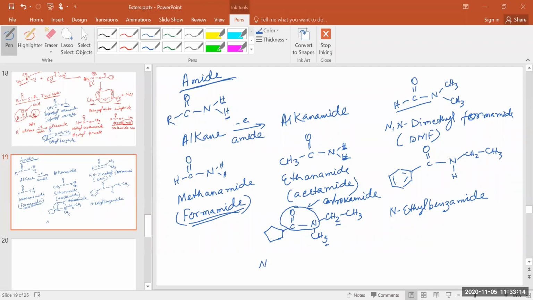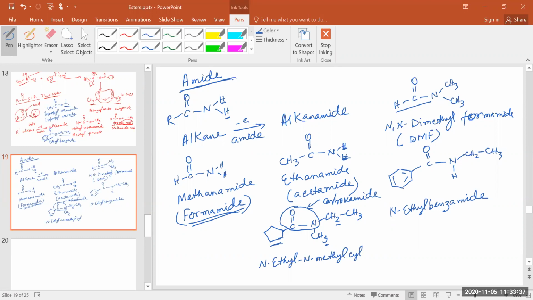So this will be N-ethyl, N-methyl. You need to state the N exactly: if it is one time, just one N; if 2 times, 2 N substituents. So what is this one?